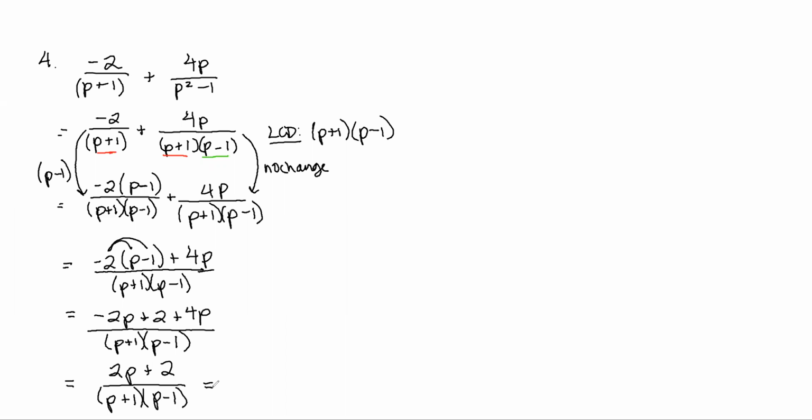I'm going to work across here because I ran out of room. We want to factor the top if we can, and we can. We can take a 2 out. So we're left with p plus 1, which is convenient because we have a p plus 1 in the denominator. So we can cancel out the p plus 1, and we're left with a 2 over p minus 1.